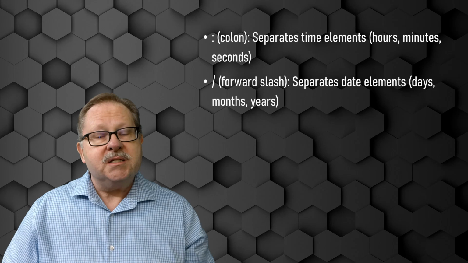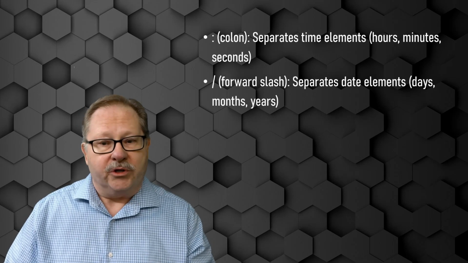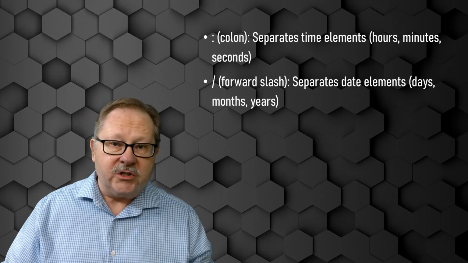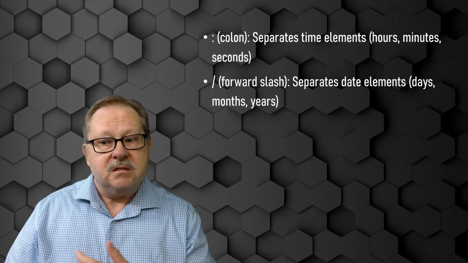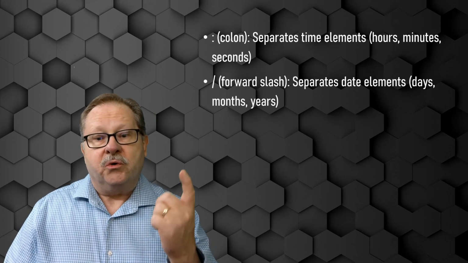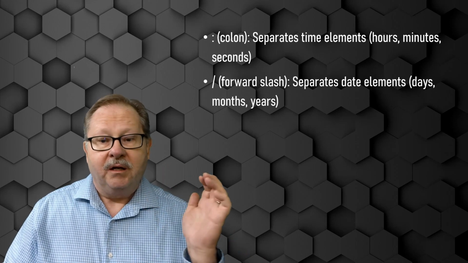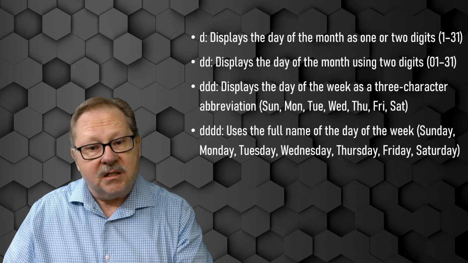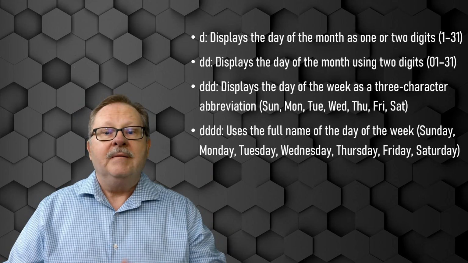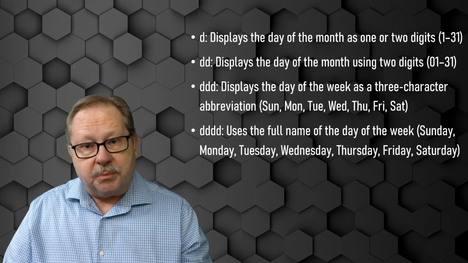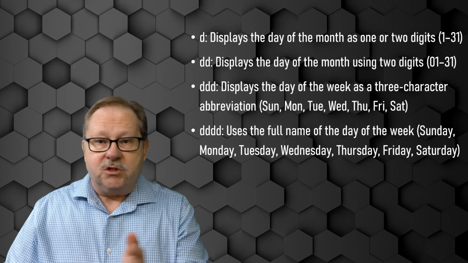So a colon separates the different time elements, hours, minutes, seconds. Slashes separate the different date elements, years, months, and days. So colons for time, slashes for dates. So here's the 4 different ways to use the date symbol. The single D displays the day as 1 or 2 digits.